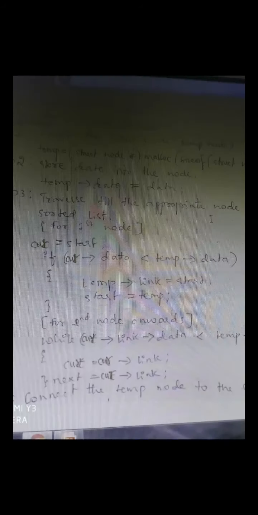And the last category is inserting into a sorted list. Again here I will be creating the temporary node and storing the data. Now the sorted list is present continuously in sorted order from lower to higher. Initially I will be having a starting node. If my inserting value should be present at the first node itself, first we check whether the current node data value is lesser than the temporary data.